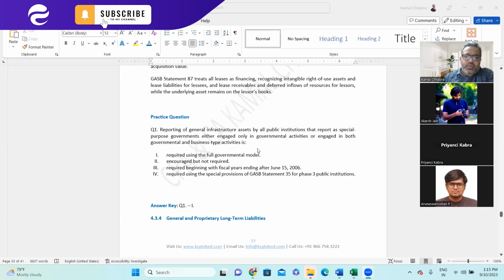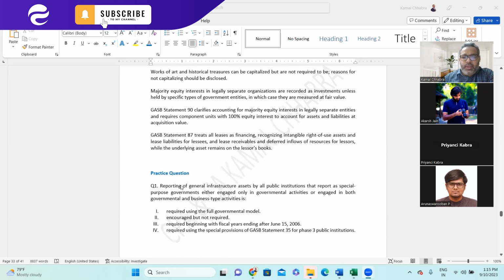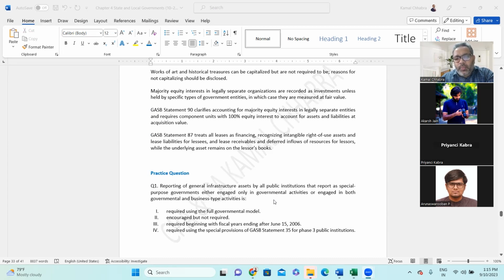So there's a small practical question. Maybe let's do this one really quick. Reporting of general infrastructure assets by all public institutions that report as a special purpose government, either engaged only in governmental activity or engaged in both governmental and business type activity, is considered as what?